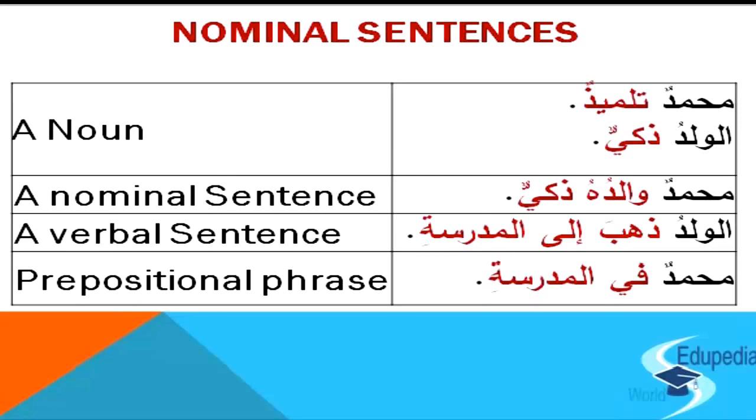It has two parts, which are the subject المبتدأ and the predicate الخبر. الخبر has different types. It can be a noun, a nominal sentence, a verbal sentence, or even a prepositional phrase. Today we will start talking about the verbal sentence. So let's get started. فلنبدأ.